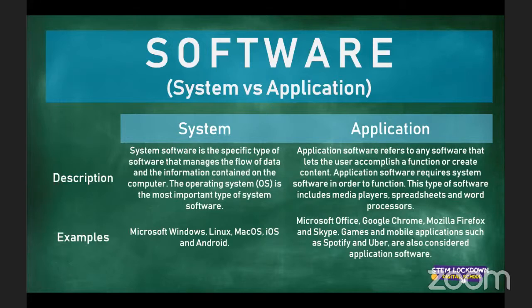It manages different flows. So if we think of Windows versus Microsoft Office, Microsoft Office allows me to perform one task, where Windows allows me to perform many. Okay, that's how we almost distinguish between the two.